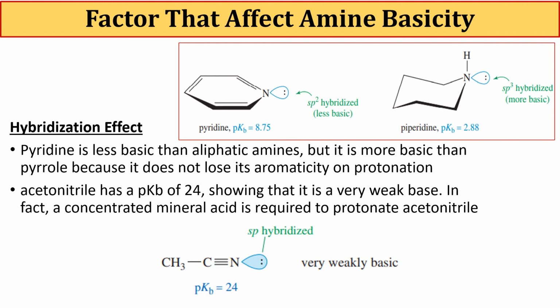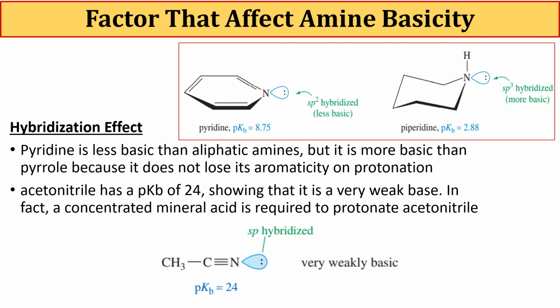In pyridine, for example, the non-bonding electrons occupy an sp2 orbital with greater s character and more tightly held electrons than those in the sp3 orbitals of an aliphatic amine. Pyridine's non-bonding electrons are less available for bonding to a proton. Pyridine does not lose its aromaticity on protonation, however, so it is a much stronger base than pyrrole.